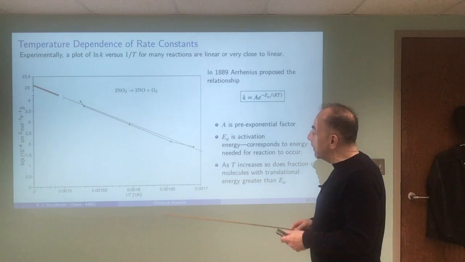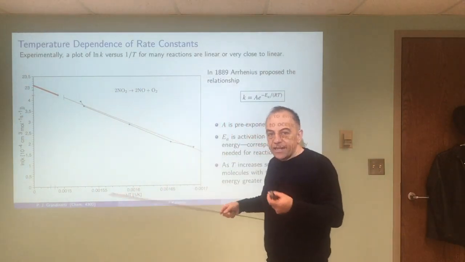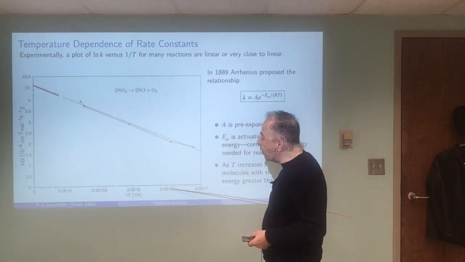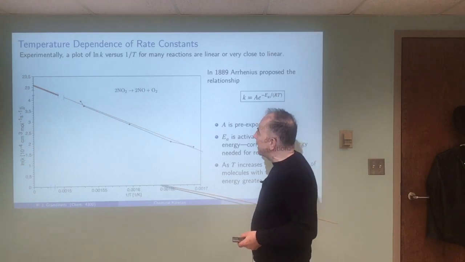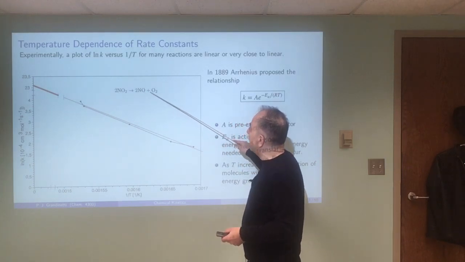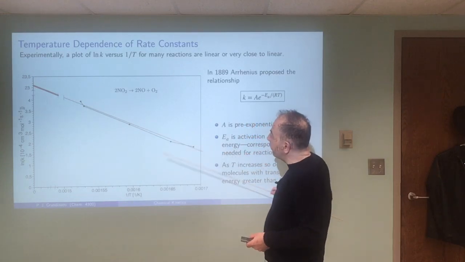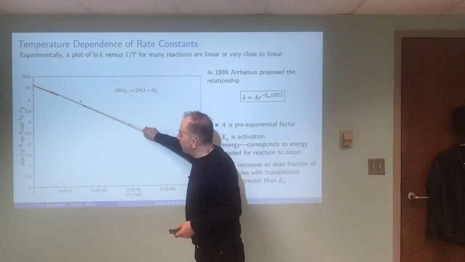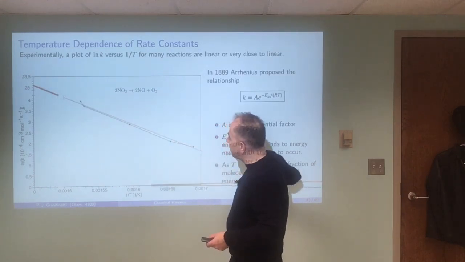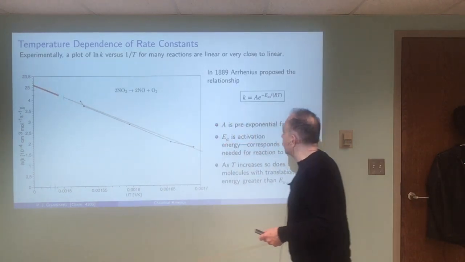What he found was that if he plotted the log of the rate constant measured at different temperatures versus 1 over the temperature, then the rate constants, here for this example NO2 going to NO and O2, given by these black dots, follow a fairly linear relationship. So in this plot, we see that the log of k versus 1 over T is fairly linear as you vary the temperature and measure the rate constant.